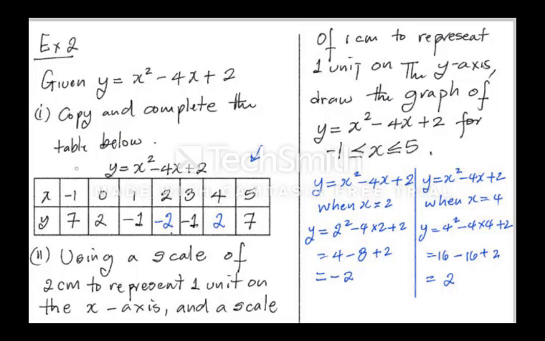This graph goes furthest left to -1, and furthest right to +5. So obviously I'm going to need more space on the right hand side of the graph where x is positive, than the left hand side where x is negative.